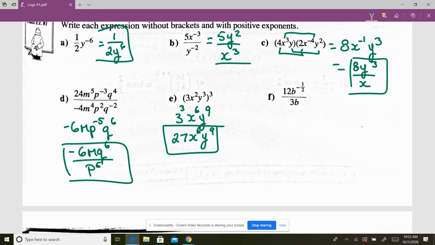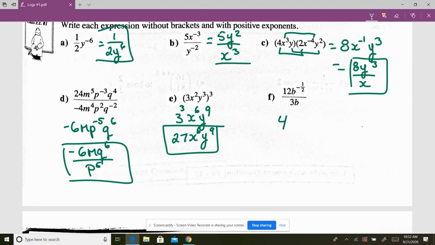12b^(-1/2) over 3b. 12 divided by 3, let's deal with that. 4. Now, what do I do with the exponents? You want to put the b^(1/2) in the bottom?